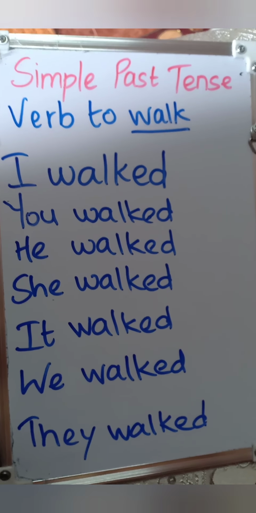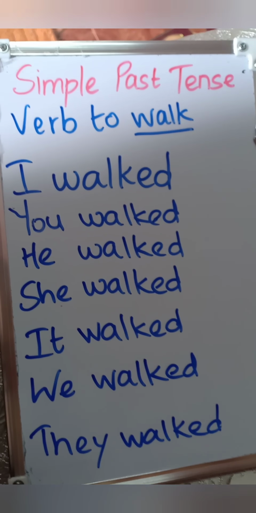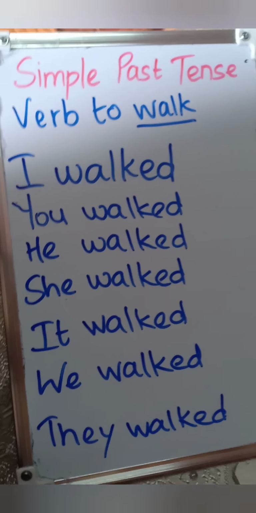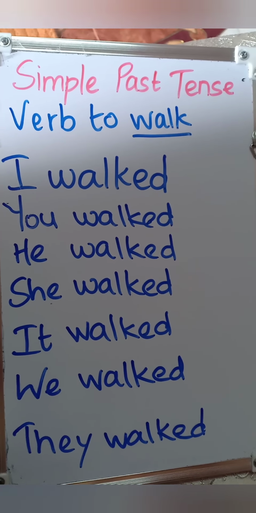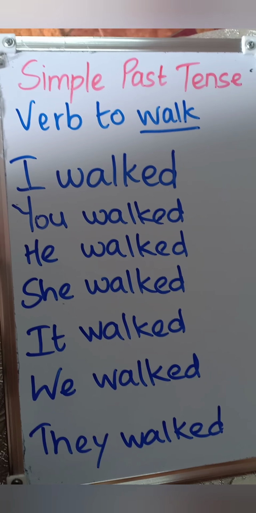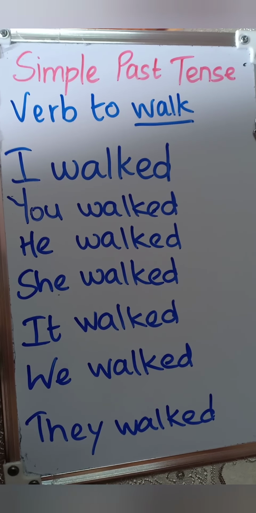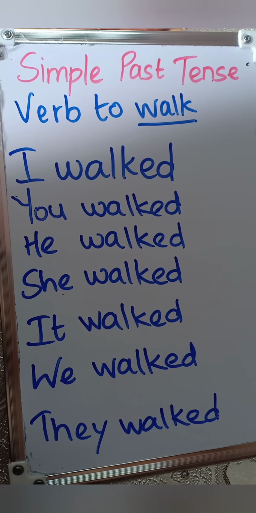They walked. So, verb to walk, c'est le verbe marcher au passé composé. I walked. J'ai marché. Tu as marché. Il a marché. Ça continue. So write this down in your copybook.